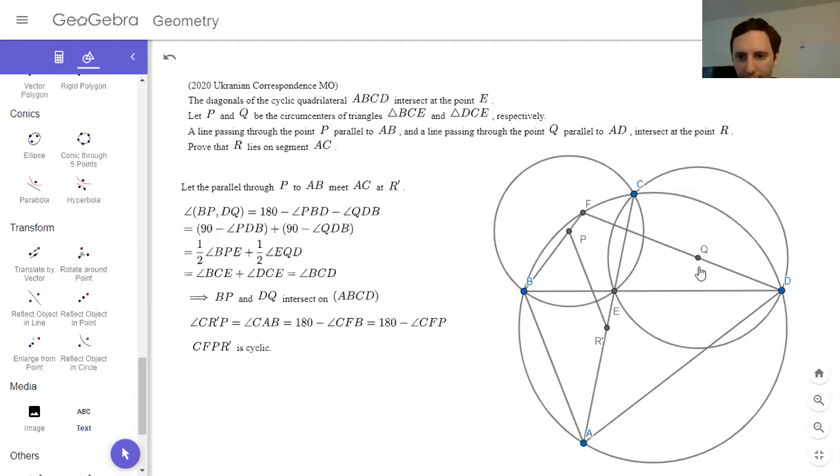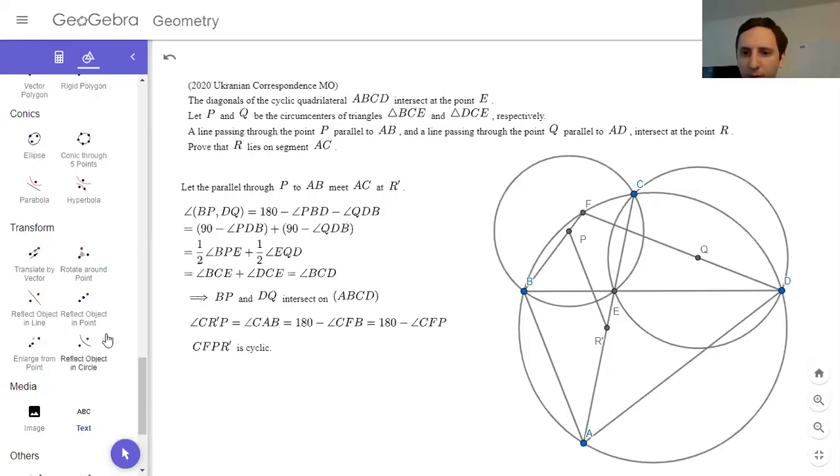Okay, so I'm going to show Q is also on that circle. So you said we know angle QCE, right? Yeah, QCE is 90 minus half of CQE because Q is the center of the circle and half of CQE is angle CDE.